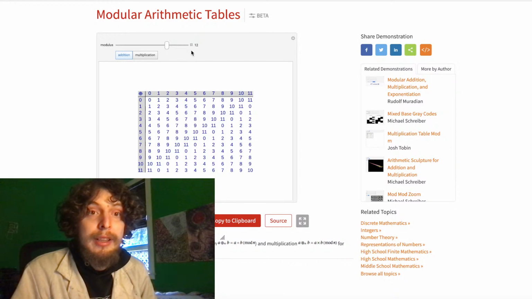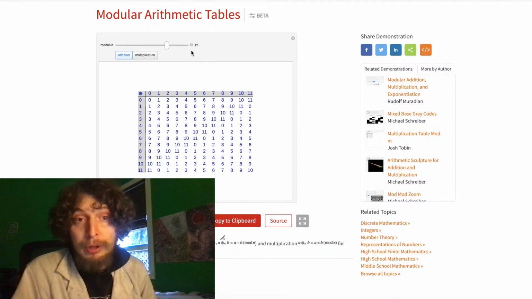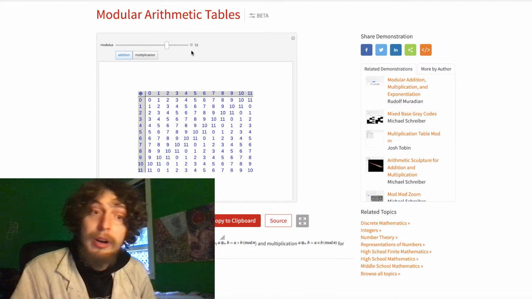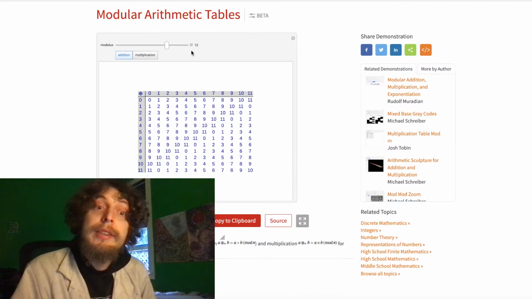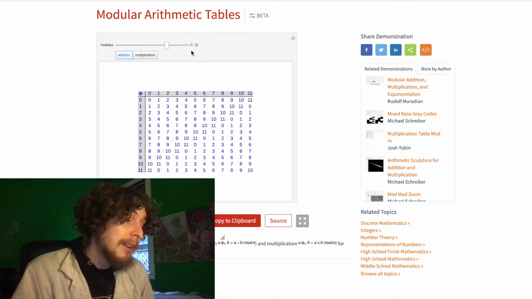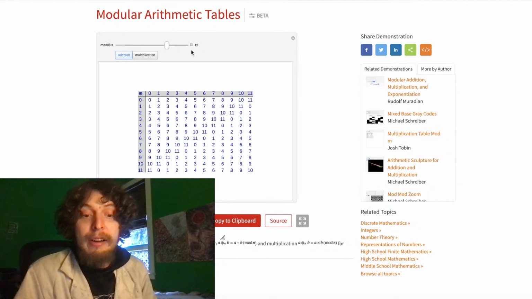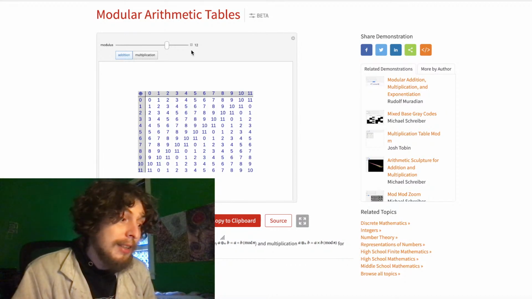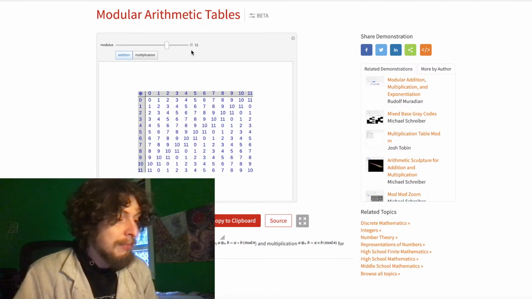So unfortunately, half of the cool episodes I'm going to make about mods are like, check out how cool it is in these really divisible mods, and the other half are going to be like, check out how cool this other trait is in prime mods.